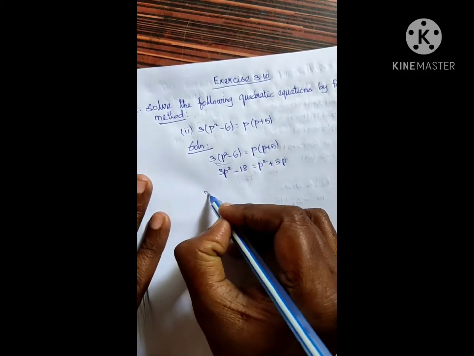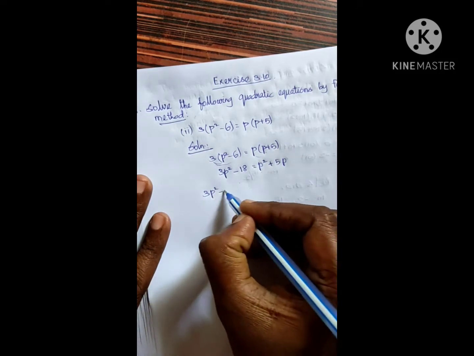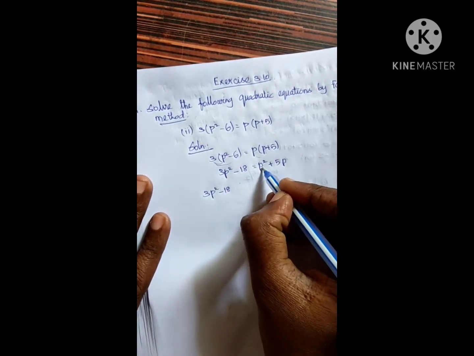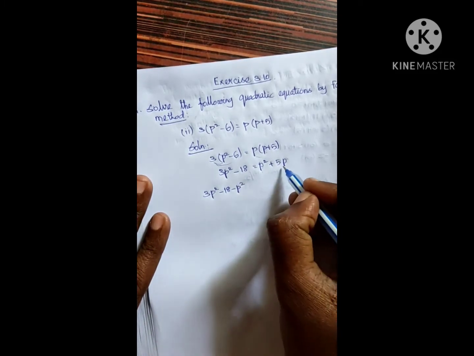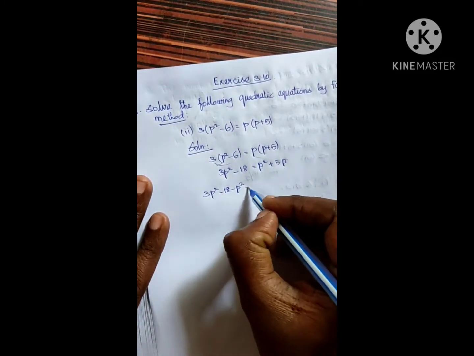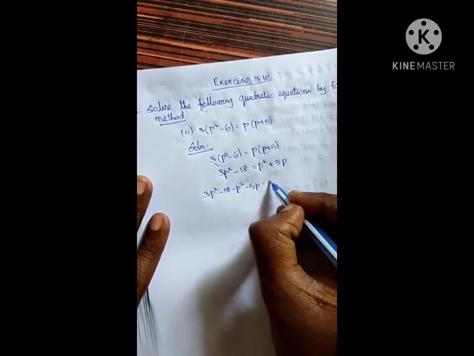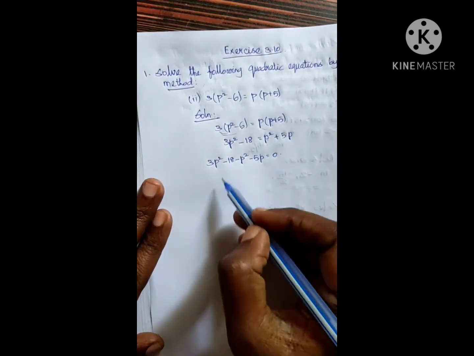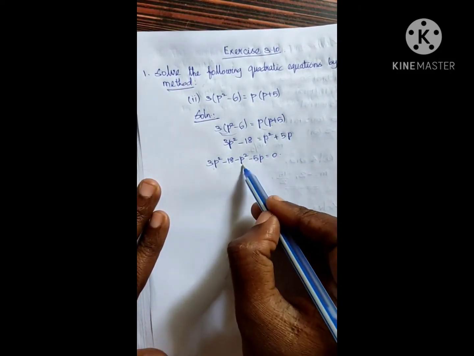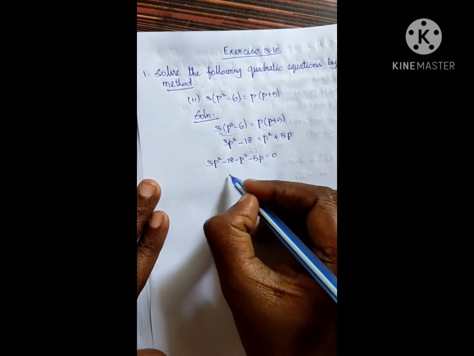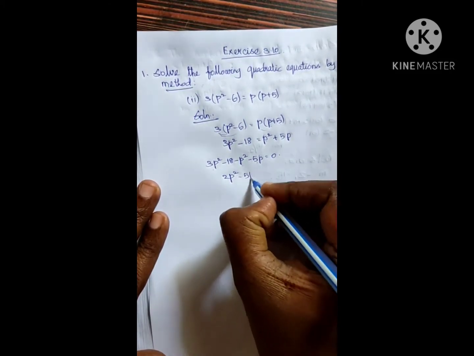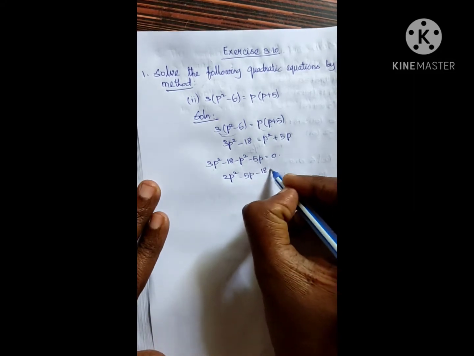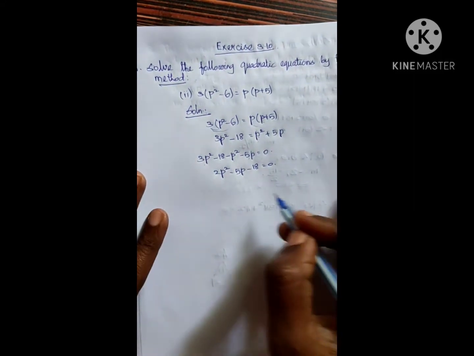So it becomes 3p square minus 18. When this p square comes this side, it becomes minus p square, and this 5p becomes minus 5p, equal to 0. Now 3p square minus p square, that is 2p square minus 5p minus 18 equal to 0.